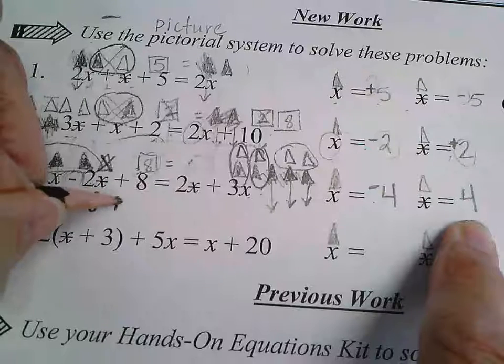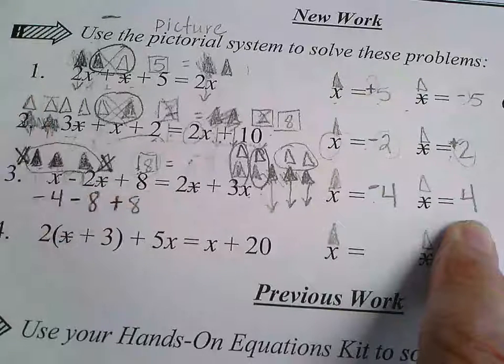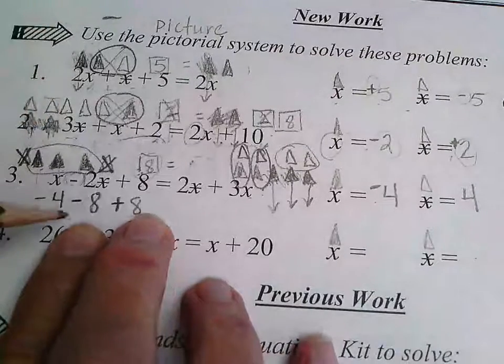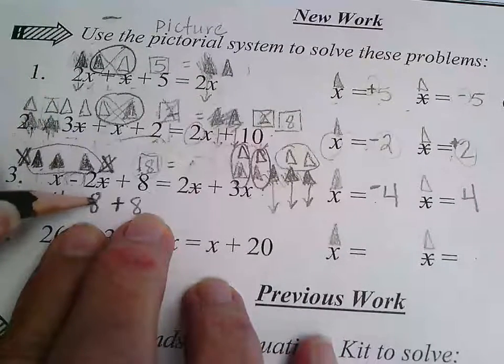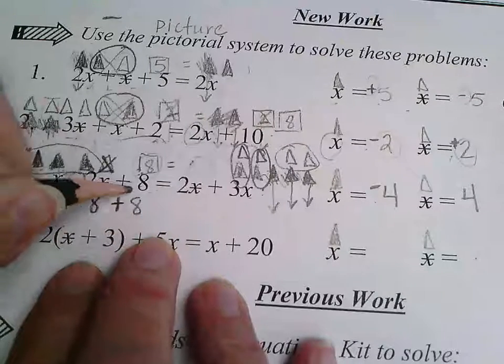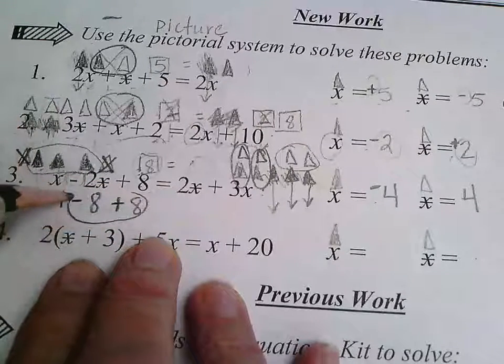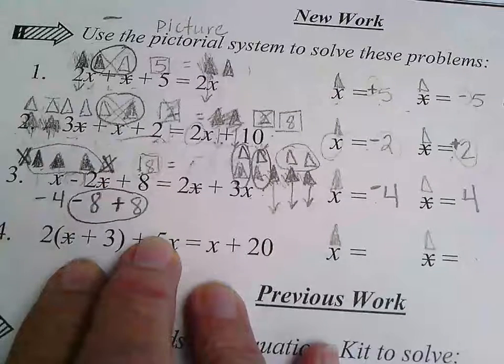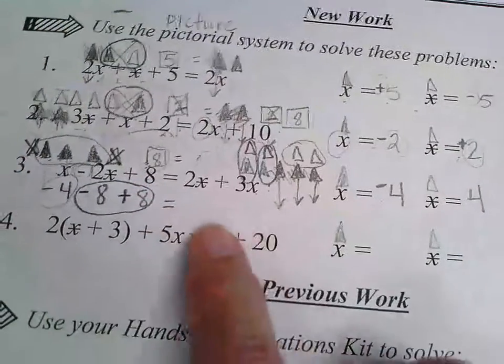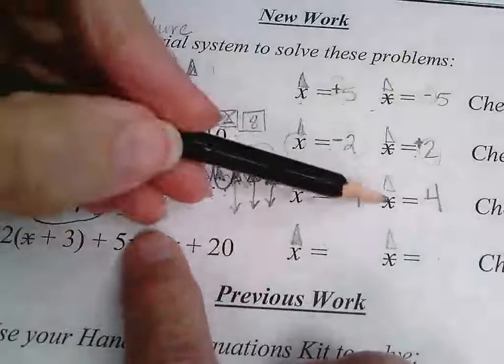Then I'm going to add 8. Well, I see right now that I've got a minus 8 and a plus 8. Right there, that tells me I have a 0 pair. So I'm actually just left with a negative 4 right here. Let's see if I get negative 4 on the other side when I check.